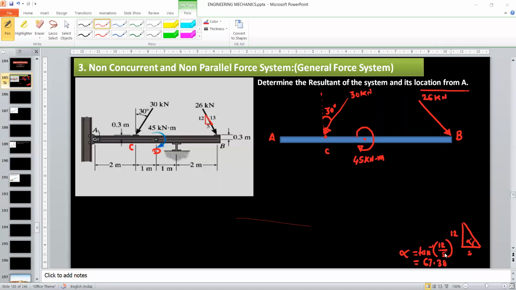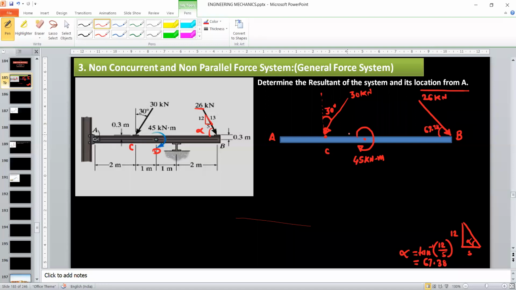This angle alpha is nothing but the angle of 26 with respect to the x-axis, or with respect to beam AB. So you can show this angle as 67.38.